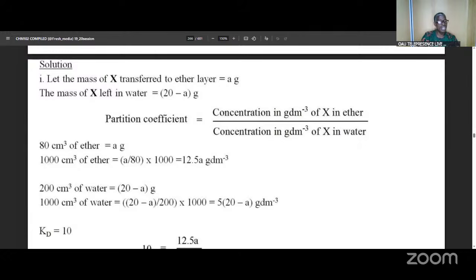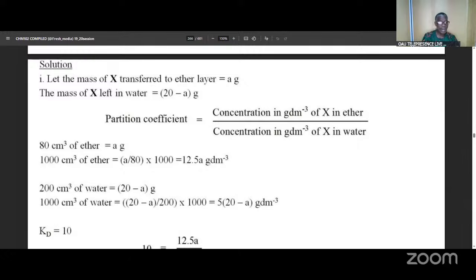Therefore, just like we did for ether, 1000 cm cube of water will mean 20 minus A over 200, which is the volume of water given, times 1000, which gives 5 into 20 minus A gram per dm cube.